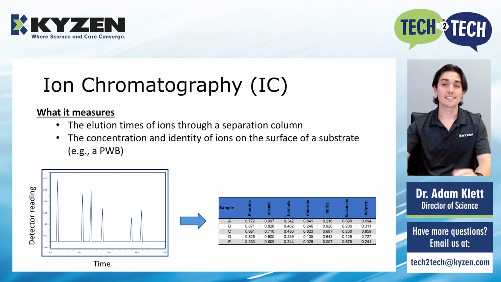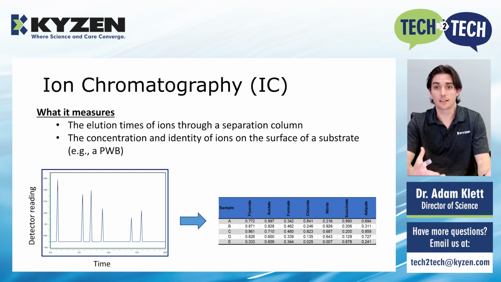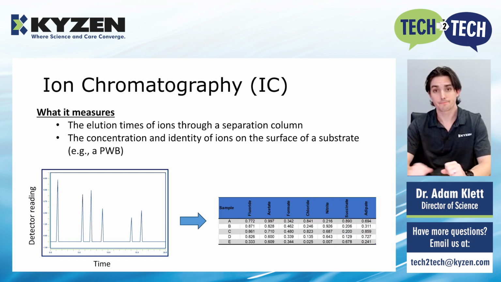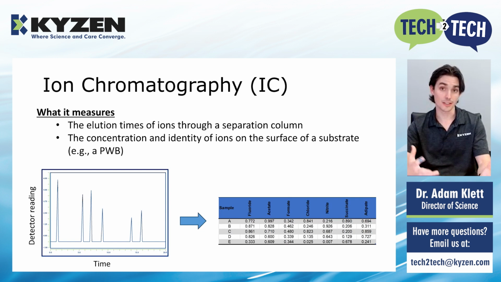So during an IC experiment, what you're measuring is the elution time, or the time it takes for an ion to separate from the mixture. You get a curve like the one shown on the slide on the left. Each peak is a different ion, and the size of the peak is related to how much of that ion is present. This can then be converted into the table like the one you see on your right.